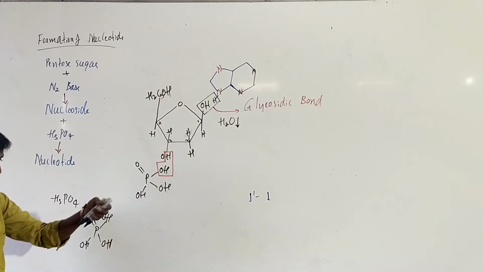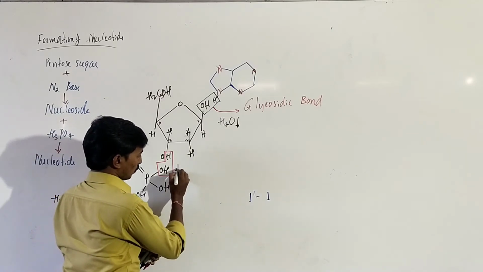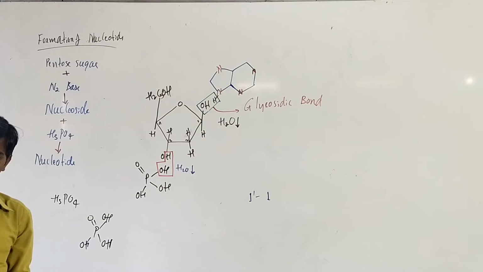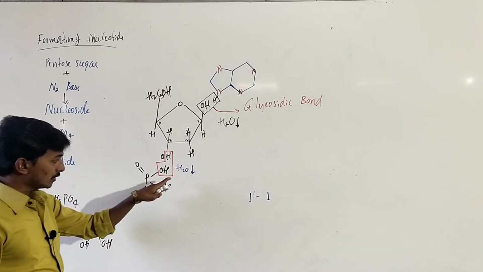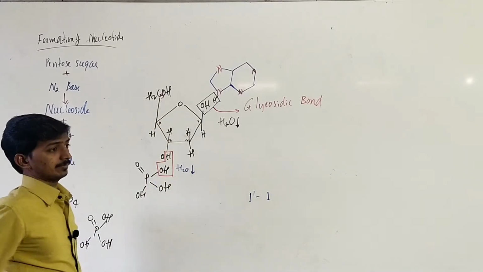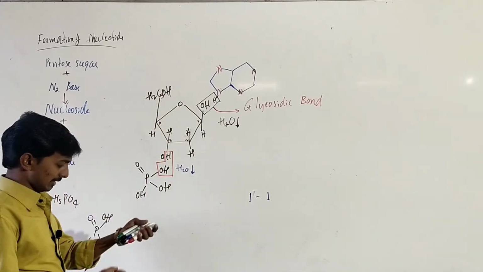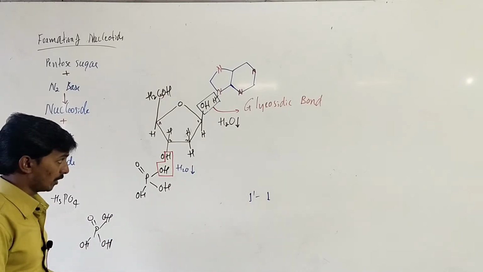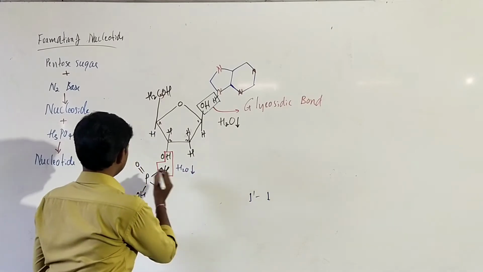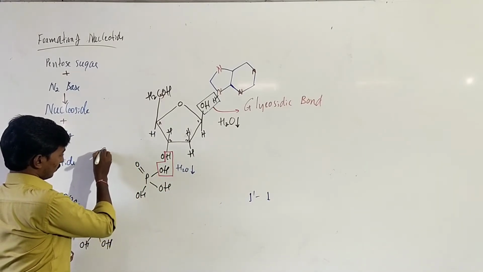Again there is a loss of one molecule of water. And this bond between phosphate and sugar is called ester bond or phosphoester bond. It is called ester bond.